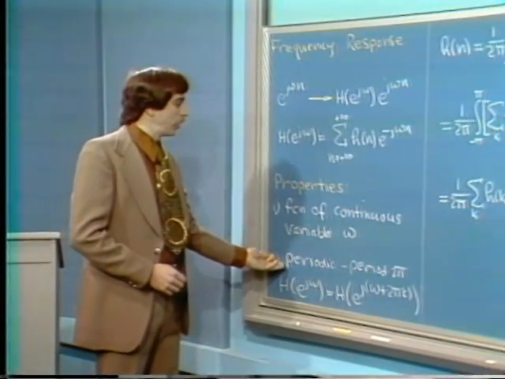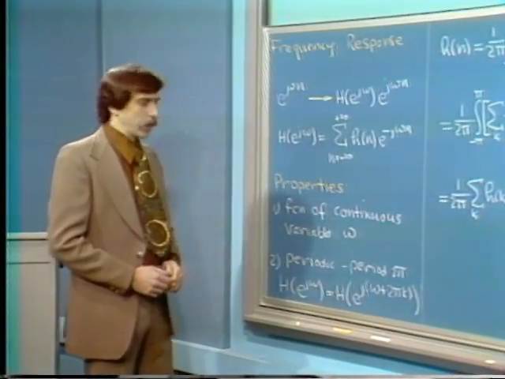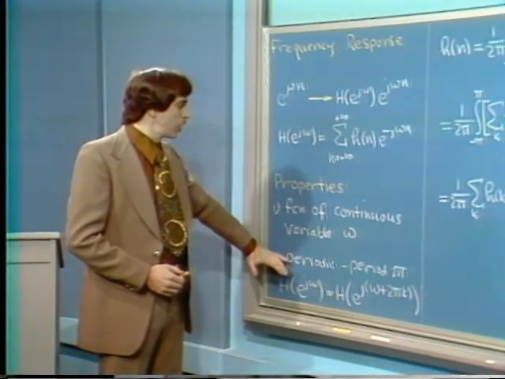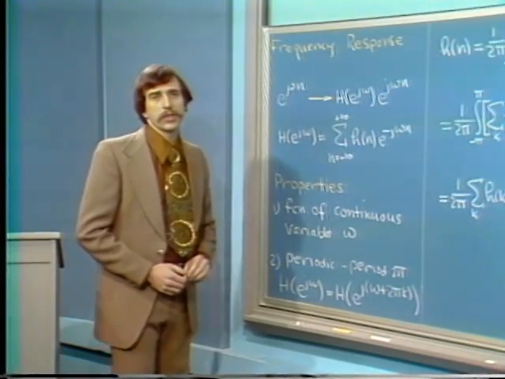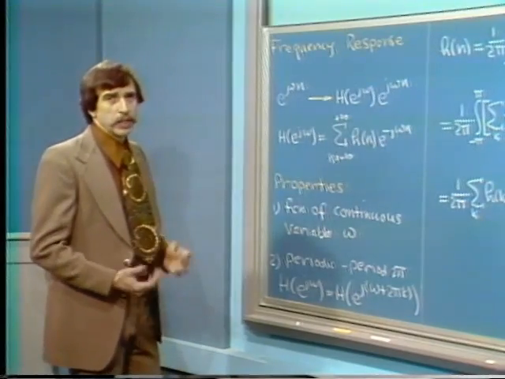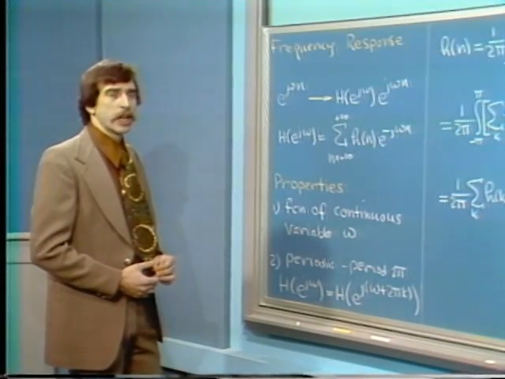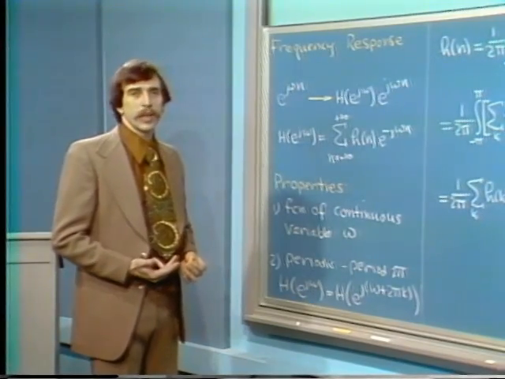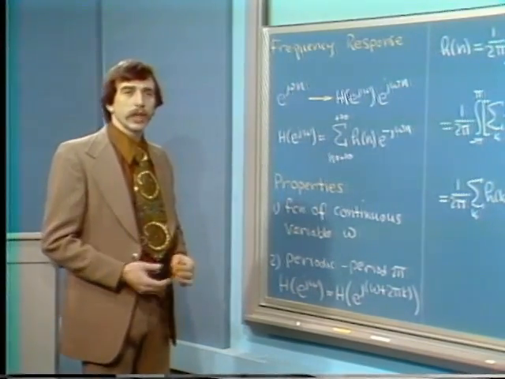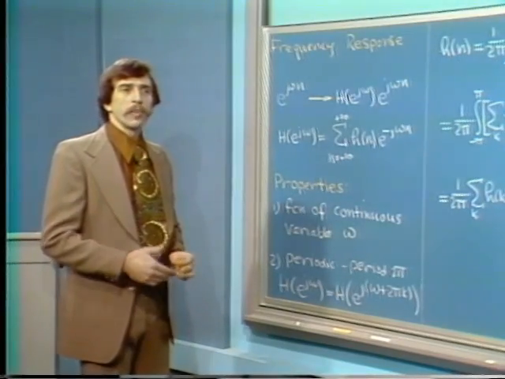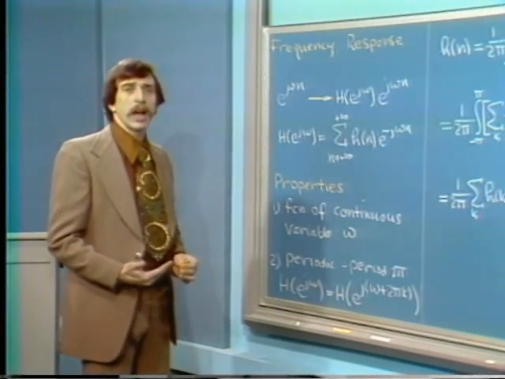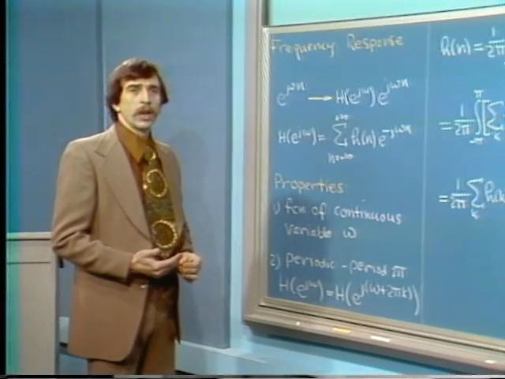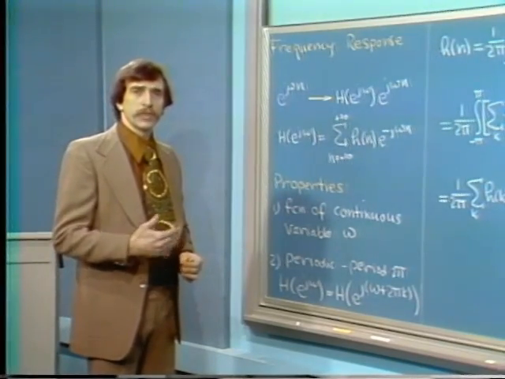Now, one of the heuristic explanations or justifications for why the frequency response is periodic, as I've tried to indicate in several lectures, is basically tied to the fact that complex exponentials or sinusoidal inputs vary periodically with frequency over an interval 0 to 2 pi.